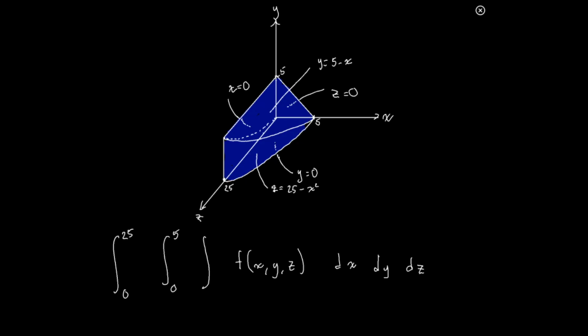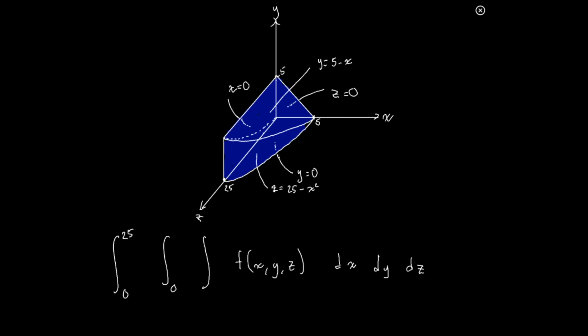It goes from 0, not to 5, but to whatever this function right here is. What is that function? It's the projection of the intersection between this function and this function. So how do we figure that out?